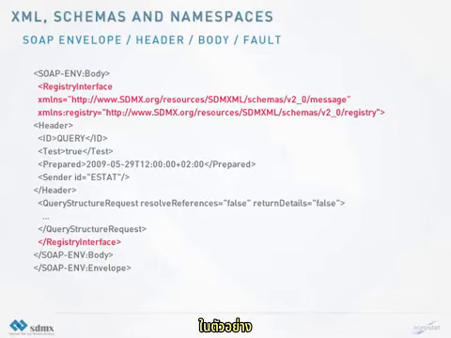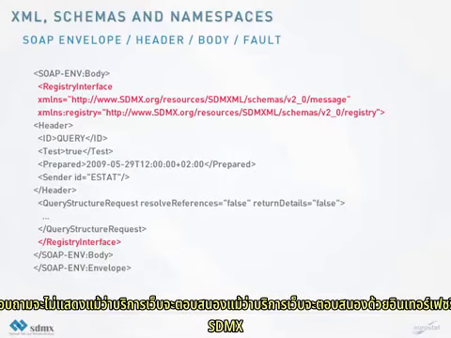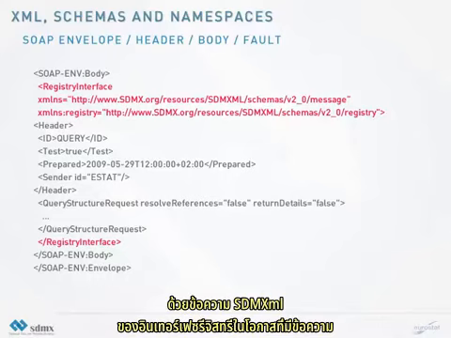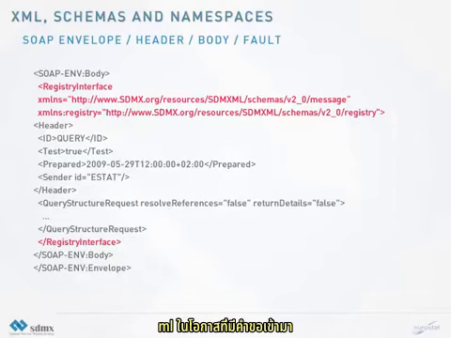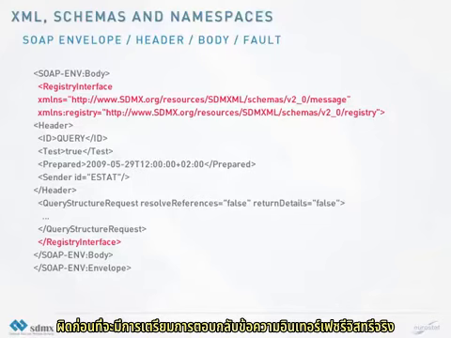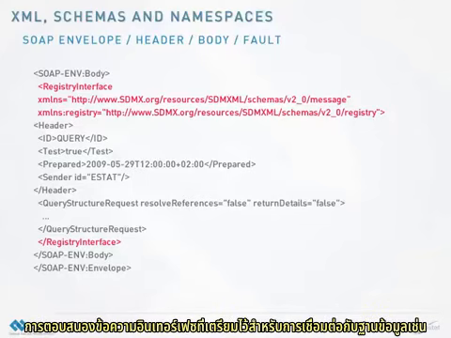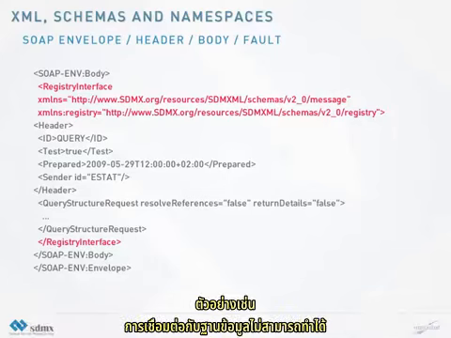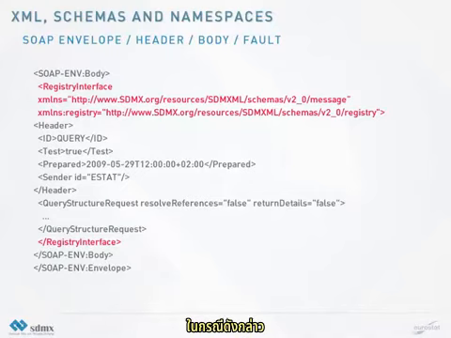Although the web service would respond with a registry interface SDMX ML message on the occasion of an incoming request, there is a chance that something goes wrong before the actual registry interface message response is prepared. For example, connection to the database is not feasible. In such cases, the web service responds with a SOAP fault message.